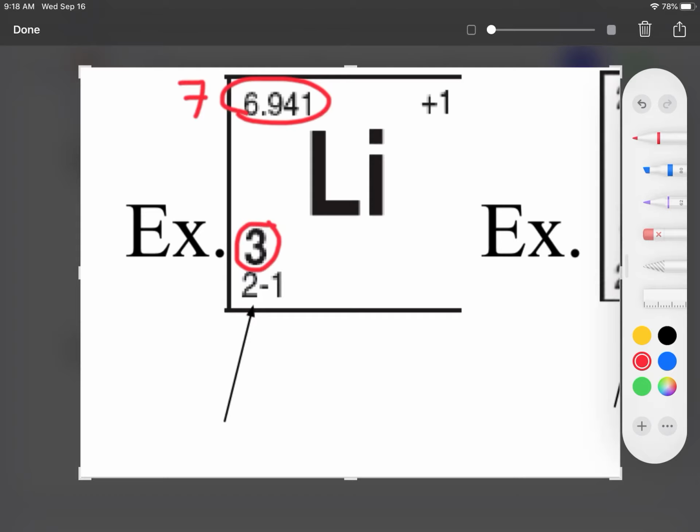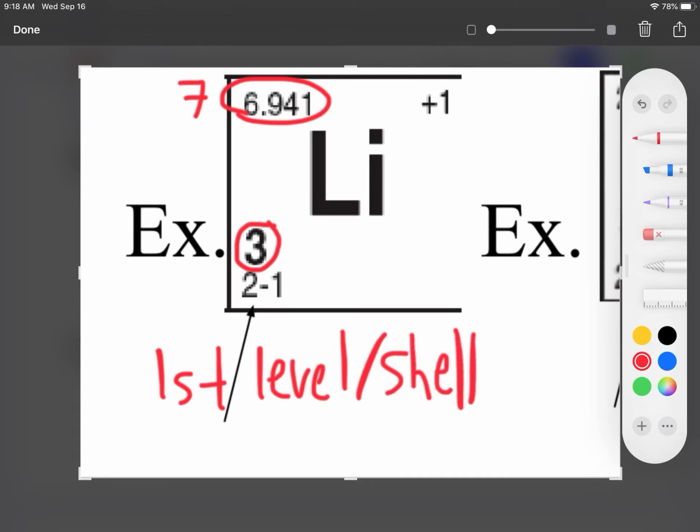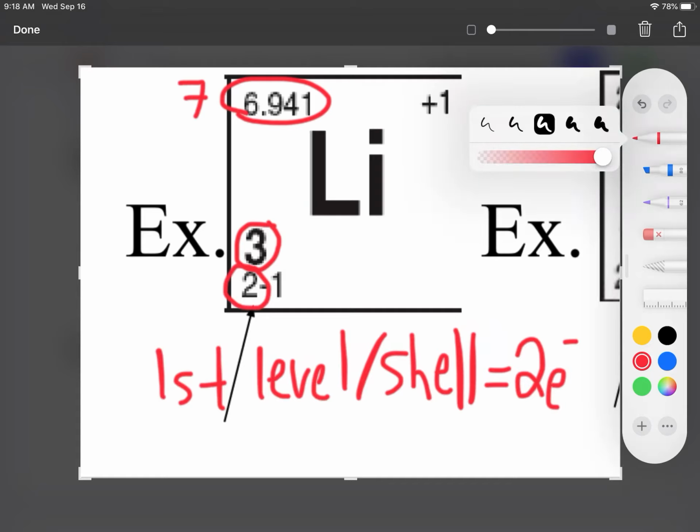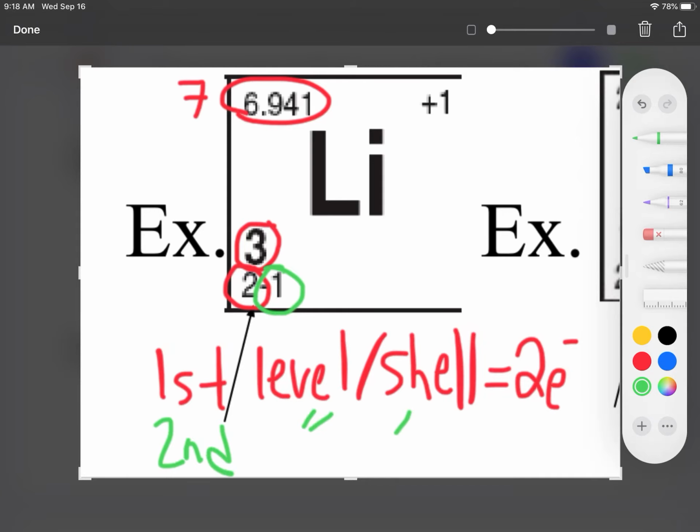So this 2 tells me that in the first level or shell, there are 2 electrons. Now look at the second number, the second level or shell. The second level or shell has 1 electron.